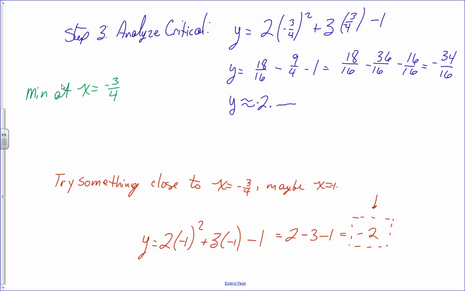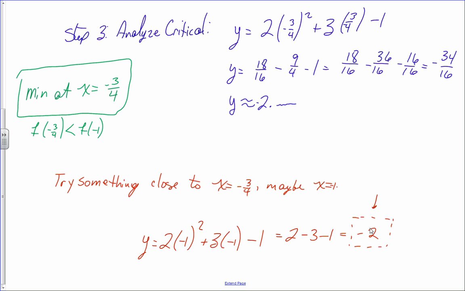And we know that because f of negative 3/4 is less than f of negative 1. When we did f of negative 1, we got a larger value.